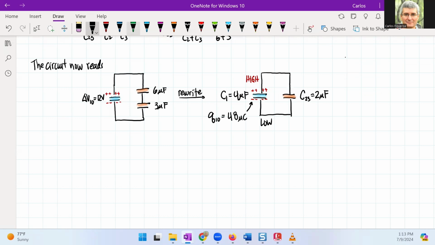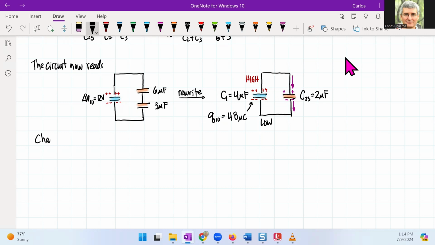In other words, I expect charge to start moving downwards like this, and as a consequence, I'm going to build up a certain amount of charge on these plates. So what does that tell me?